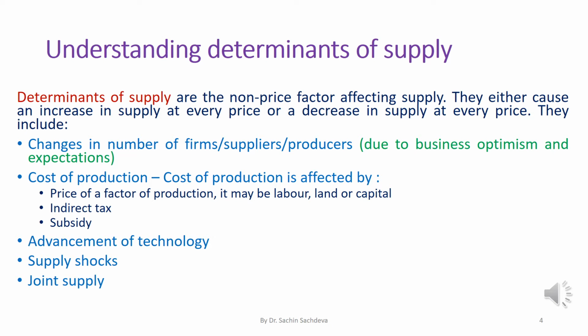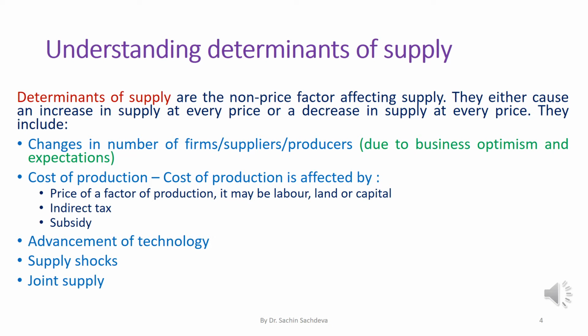Now, what are the factors affecting the cost of production? Any factor of production, if it becomes expensive or cheaper, is going to affect the cost of production. If labor was available earlier for $10 per hour and now it is available for $12 per hour, that means the cost of labor is increasing, and so is the cost of production. If natural resources become expensive, and land is a natural resource, including a plot whose rent has become high, then a bigger part of the money will go to pay rent, so less will be available to produce anything.